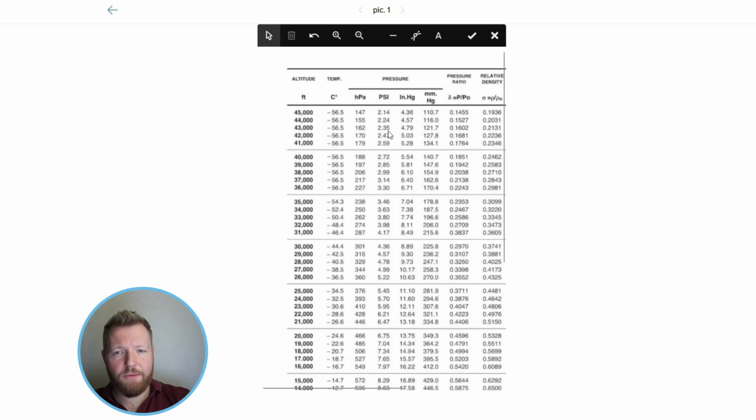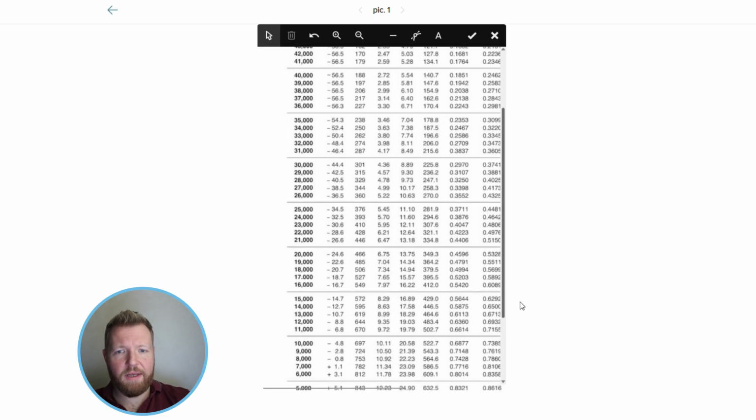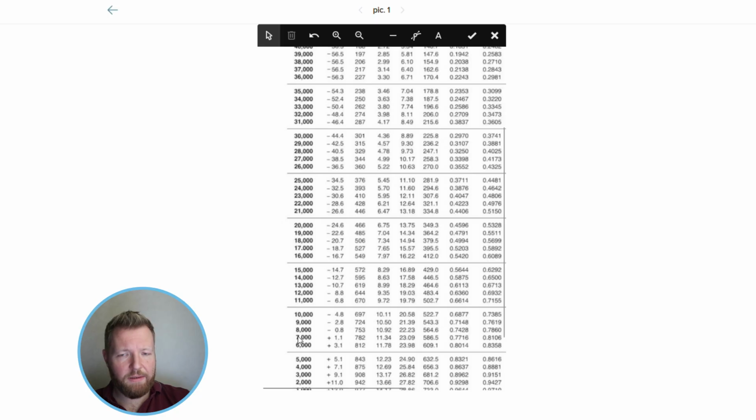And this column here is psi. Let's go down to find that at 8,000 feet, which is our cabin altitude, the pressure is equal to 10.92 psi. Now, to find out our max cruising level, we have to subtract 4.5 from 10.92 and then check the corresponding pressure altitude in the table.